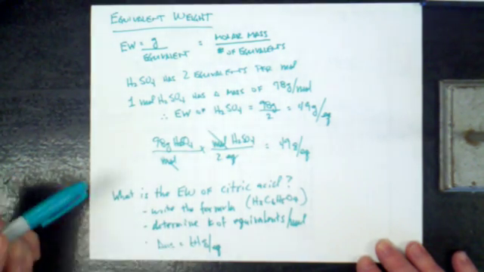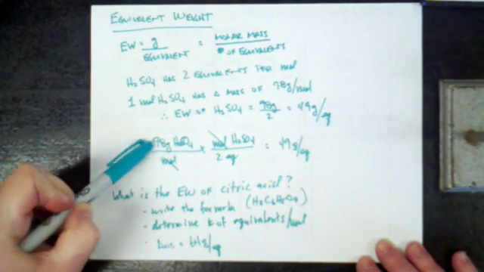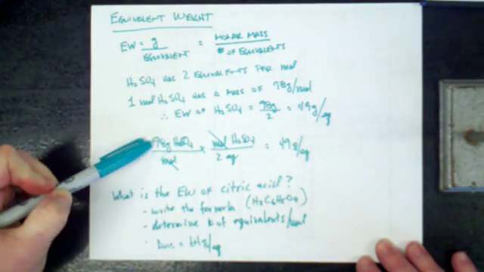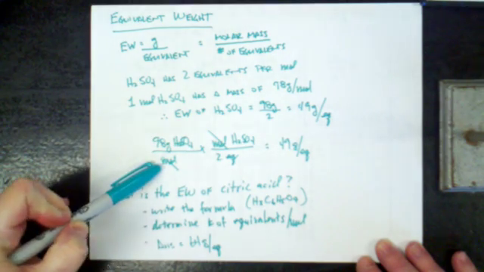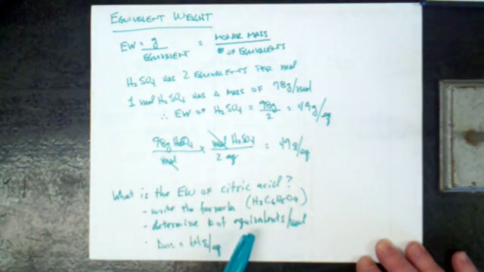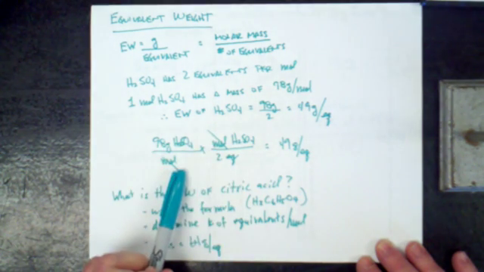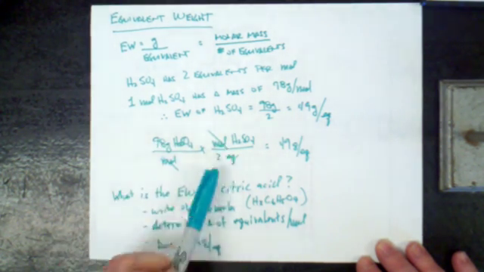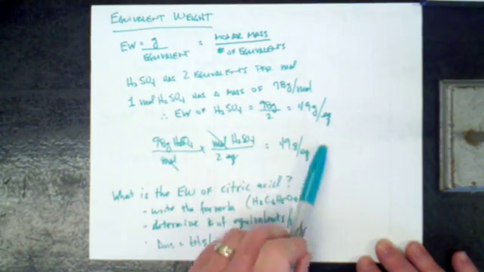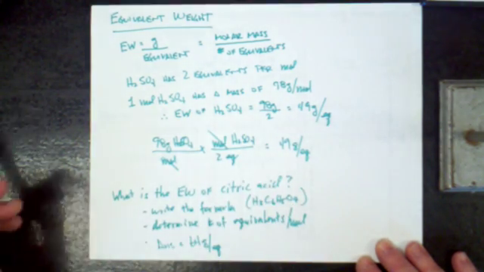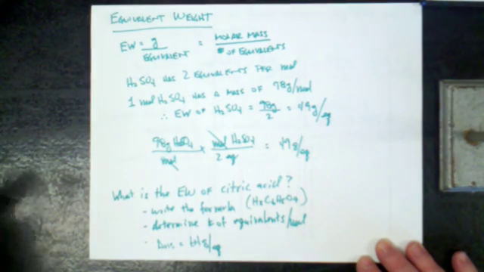To spell it all out mathematically, sulfuric acid has a molar mass of 98 grams per mole. It has 2 equivalents per mole, so that's why we divide by 2, which makes the moles cancel to leave us with grams per equivalent. And so the equivalent weight of sulfuric acid is 49 grams per equivalent.